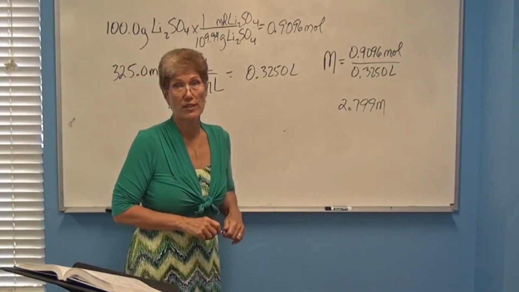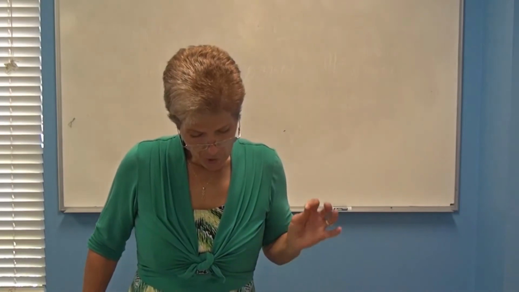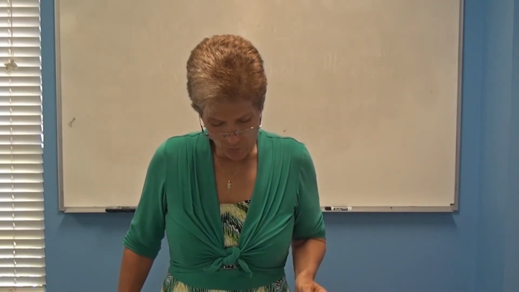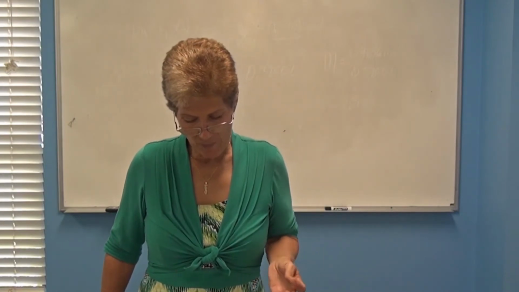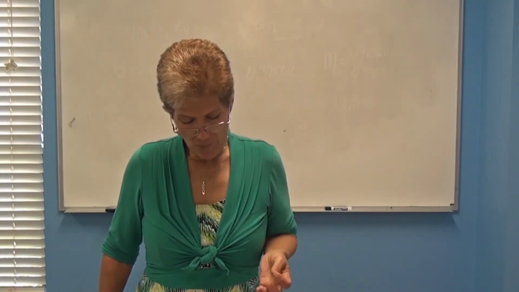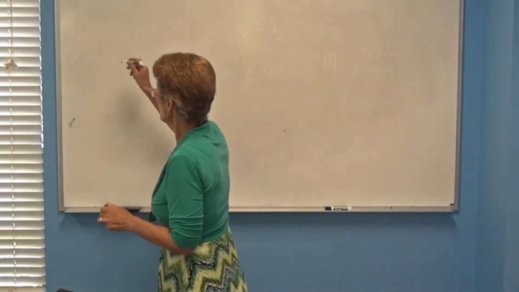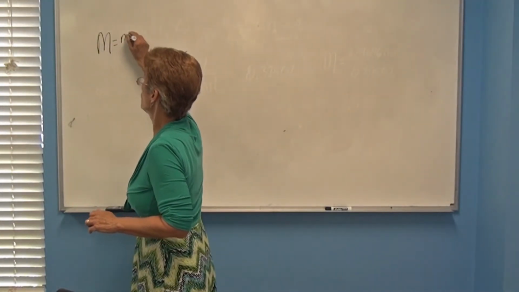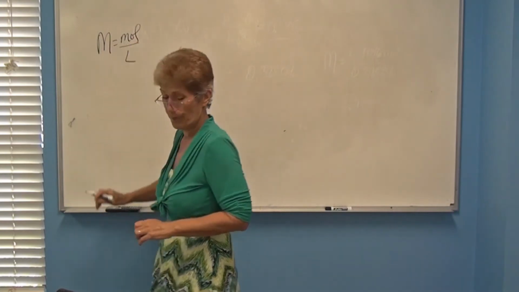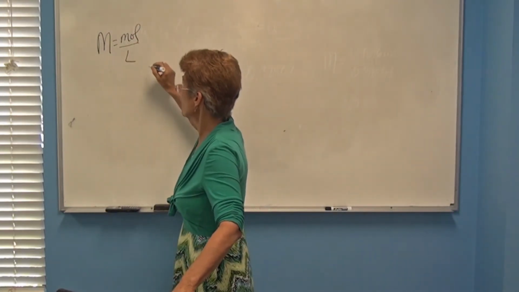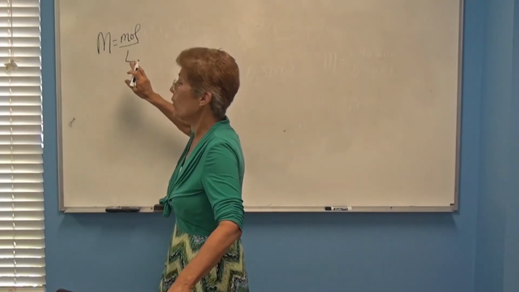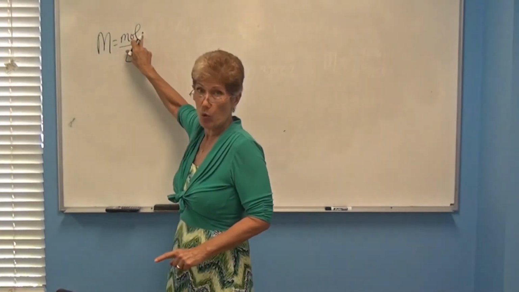That's its concentration. Number 13, you want to make 225 mL of 4.5 molar solution of sodium hydroxide. How many grams of sodium hydroxide will you need? Well, we know that molarity equals moles per liter. And we're given here the amount of liters, and so if we want to find the grams, we're going to have to find the moles, aren't we?